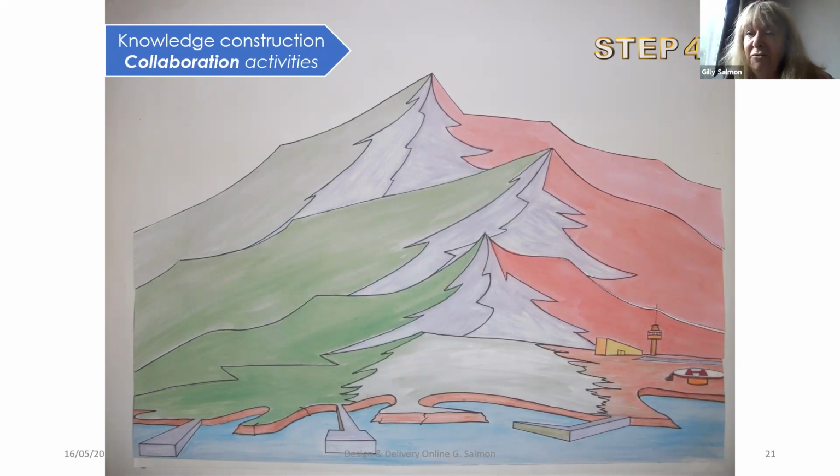Now, if you've gone through the first 3 stages, when you get to stage 4, then you'll find it much easier to do true knowledge construction activities and for collaboration to happen. It's probably best for me to mention the difference between stage 3, which is cooperation, and stage 4, which is collaboration. A straightforward way of looking at it is that at stage 3, everyone will still really be pursuing their own purposes.